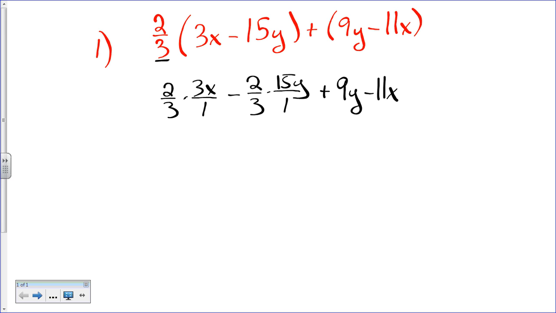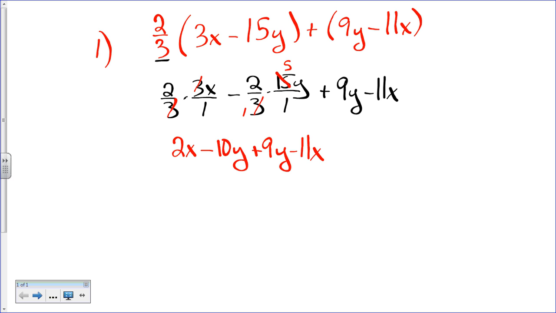I'm just showing you how I do it. So when you're doing the multiplication, remember your 3's cancel out to give you 1, and you're just left with 2x. And then over here, 3 changes to a 1, and that changes to a 5. So you have 2 times 5, which is 10, so minus 10y. And then the 9y and the negative 11x stay the same.